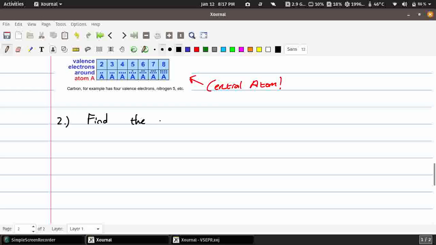Find the valence electrons each additional atom has to bond with.